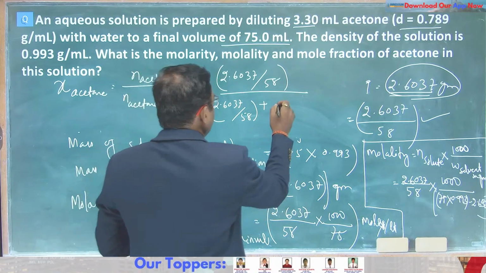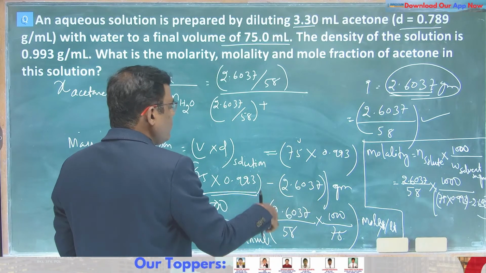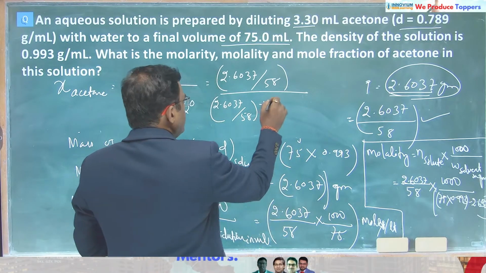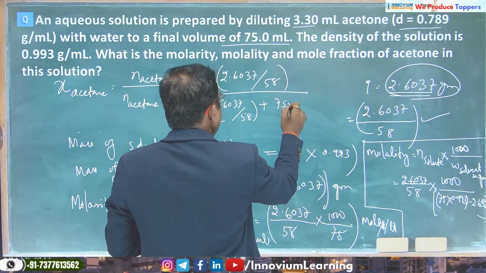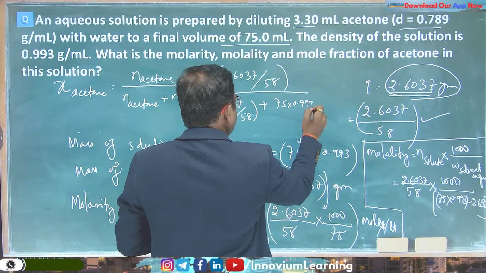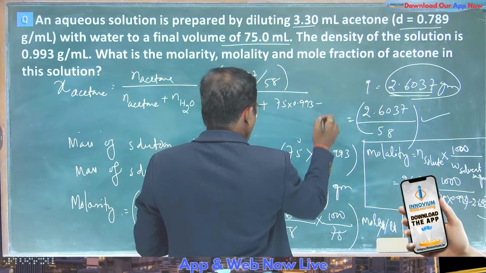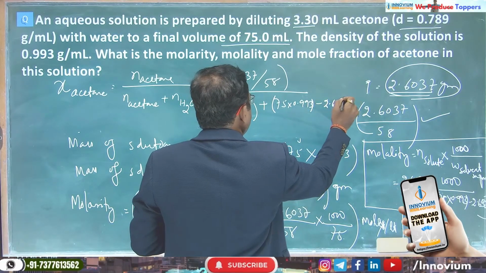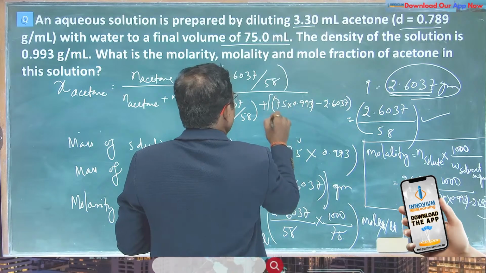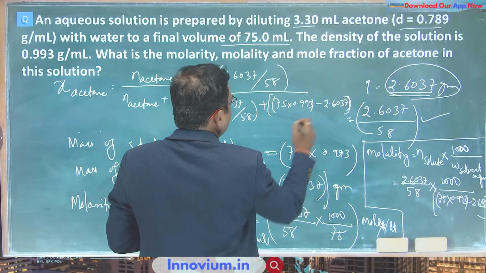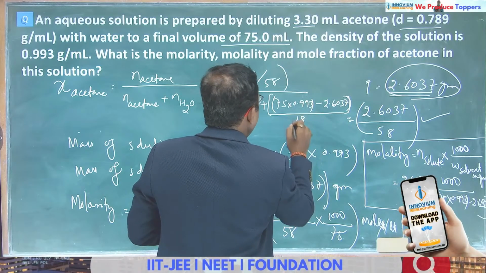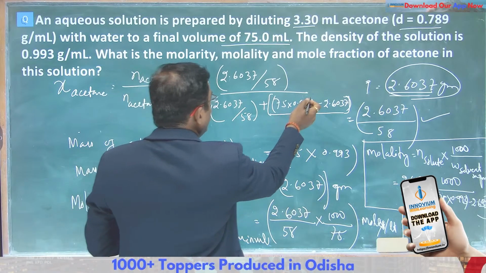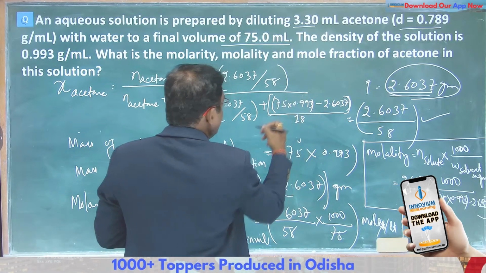What is that? This one is the mass of water. Mass of water by molar mass of water gives you the number of moles. Correct? 75 into 0.993 minus 2.6037, this is the mass of water divided by the molar mass of water, which gives the number of moles of water.